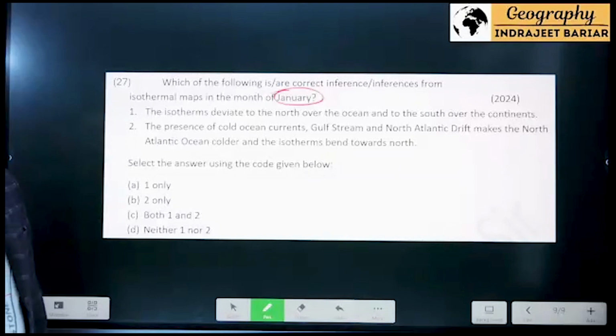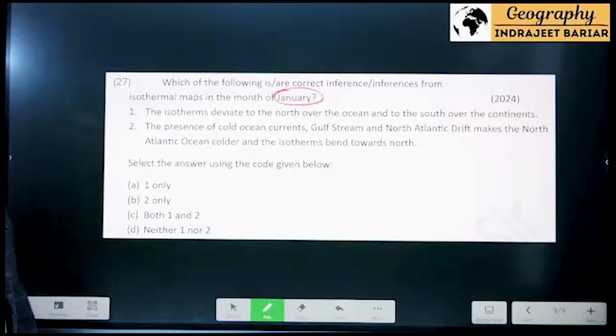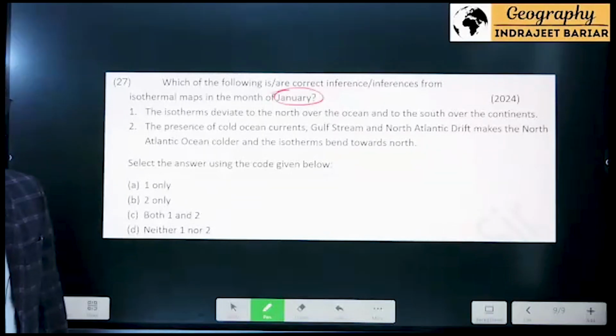Presence of warm ocean currents, Gulf Stream and North Atlantic Drift, makes the North Atlantic Ocean warmer and the isotherms bend towards north. The first statement is correct. And the second one is wrong.